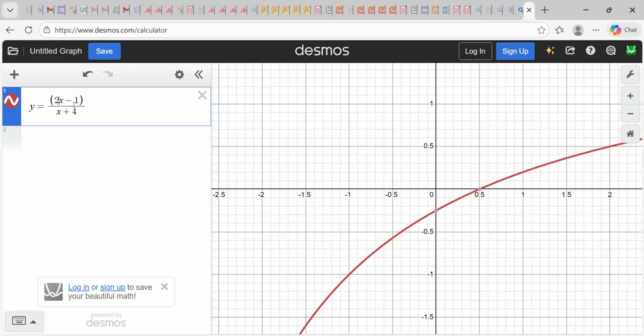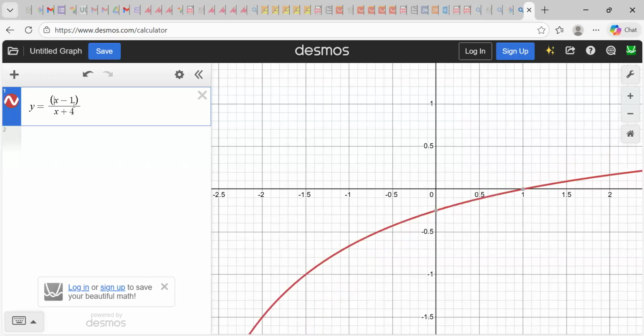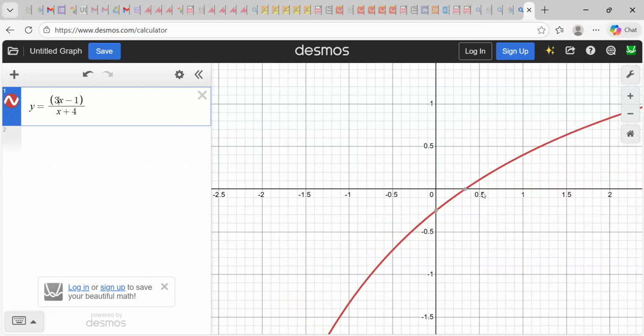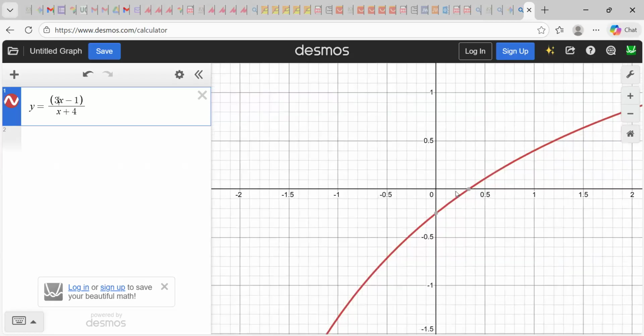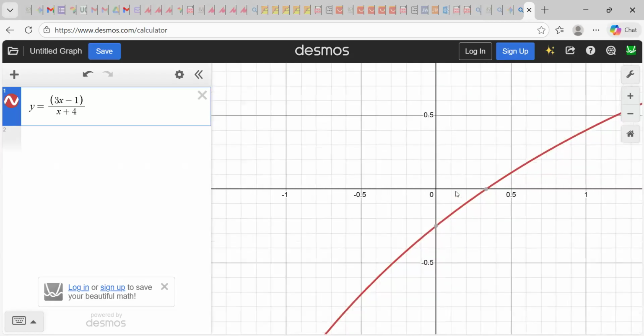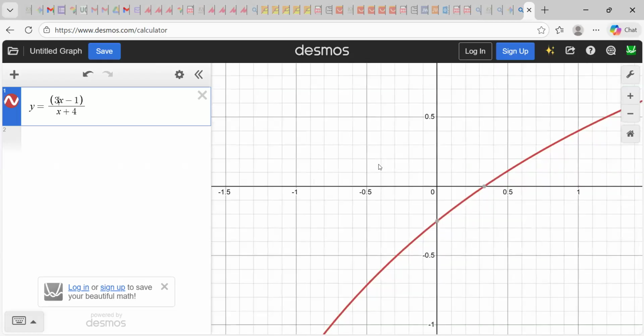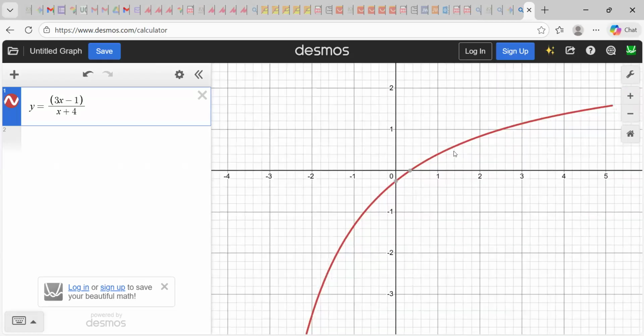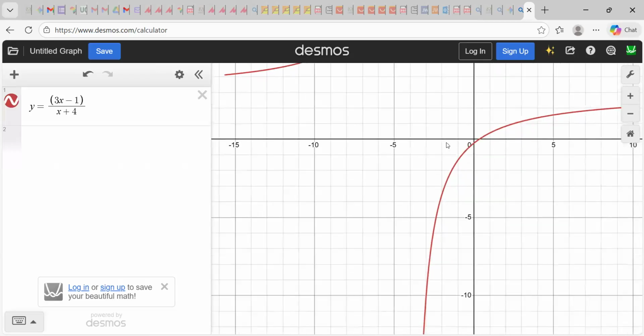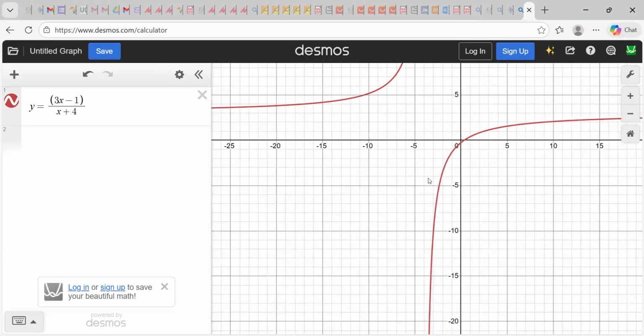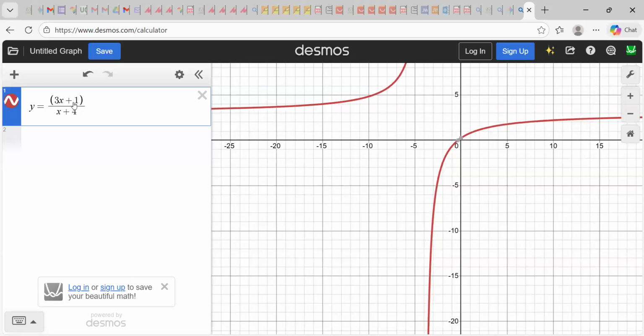It's 3x plus 1, 3x plus 1, yeah. I'm trying to see where this is. Everything is wrong here. It's 3x.